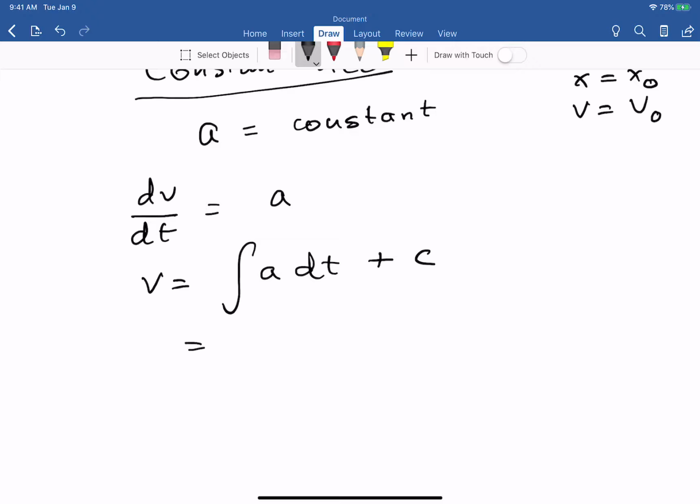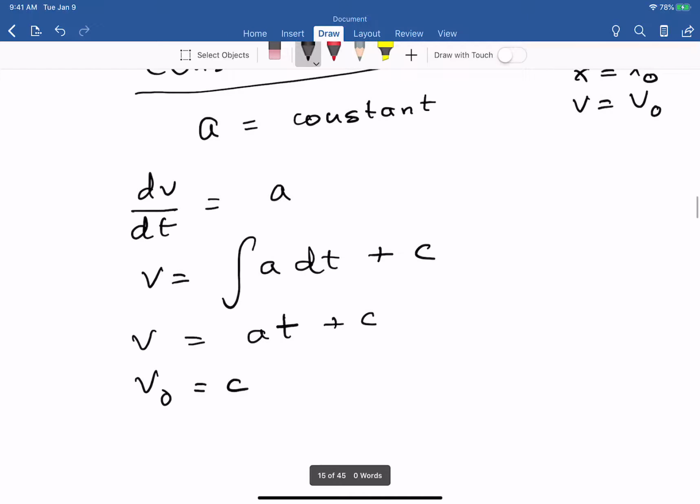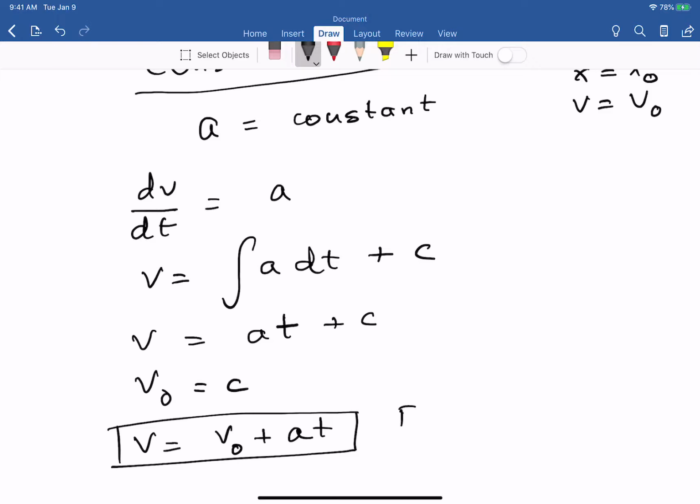So you're left with the integral of dt, and the integral of dt is just t. So v is equal to at plus c. And then to figure out what the c is, we can use the fact that at t equals 0, v is equal to v0. So that means v0 is equal to c, or in other words, you get this equation: v equals v initial plus at. I call this the first kinematic equation.